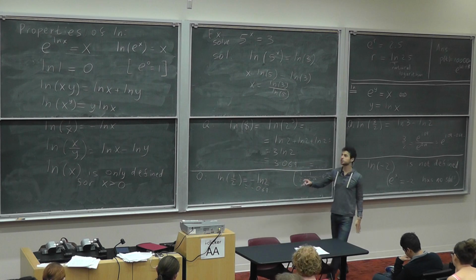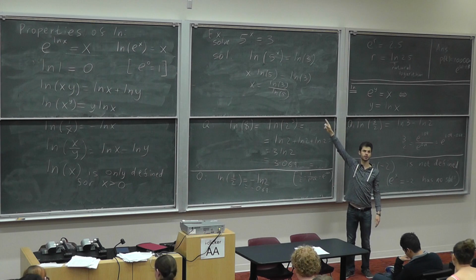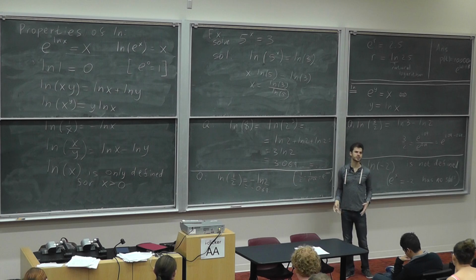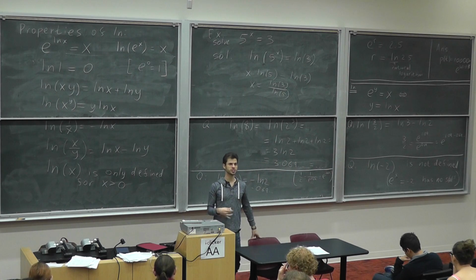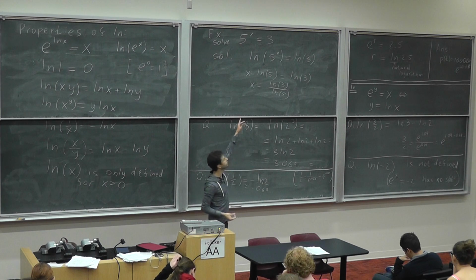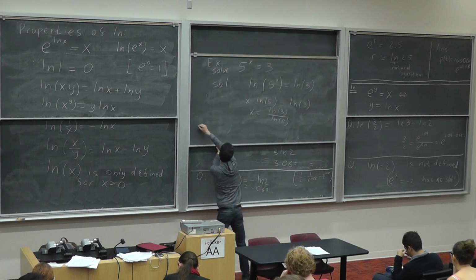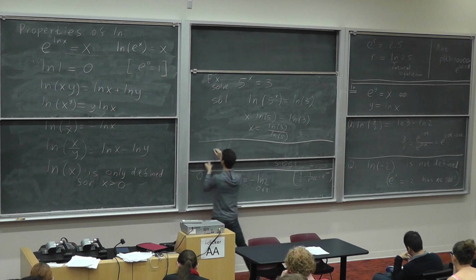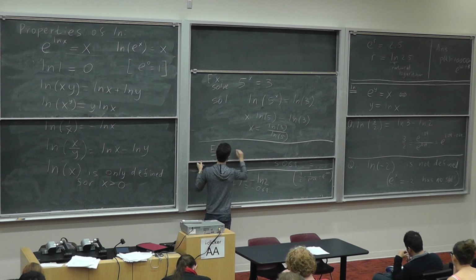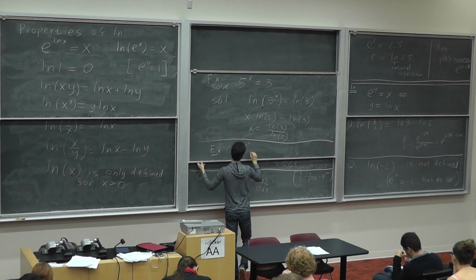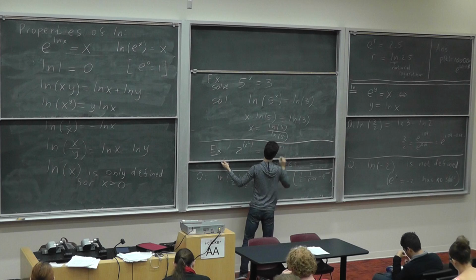So please remember this trick. If you have an equation with powers, maybe on one side or both sides, it is a good idea in general to try to apply logarithms to both sides. Another example would be, if you have an equation of the form, I don't know, 2 to the power of x squared is equal to 3 to the power x plus 1.